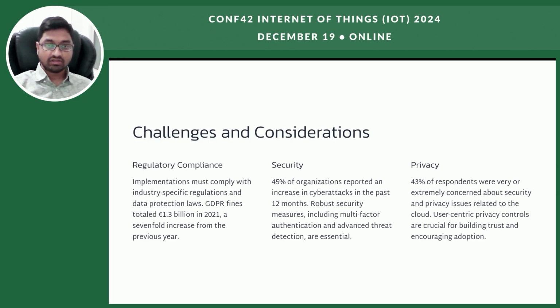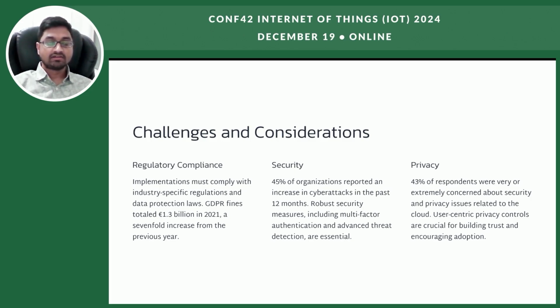Robust security measures, including multi-factor authentication and advanced threat detection, are essential. Then comes privacy. 43% of respondents were very or extremely concerned about security and privacy issues. So user-centric privacy controls are crucial for building trust and encouraging adoption.